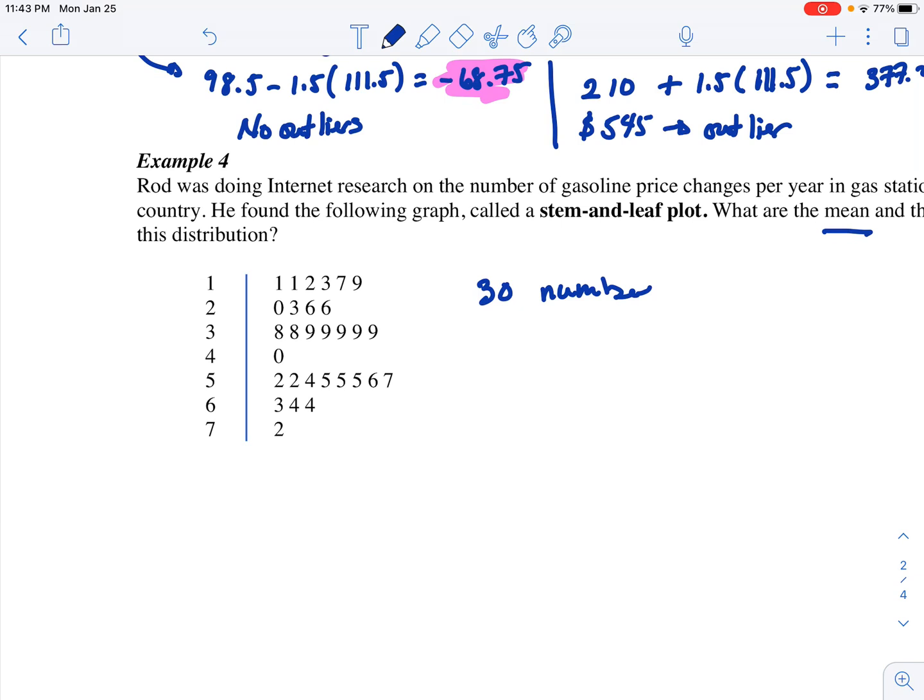So if we added all these, 11, 12, blah, blah, blah, 20, 23, we would get 1,188. To get the mean, we divide that by 30, and that comes out to 39.6. So that is the mean.